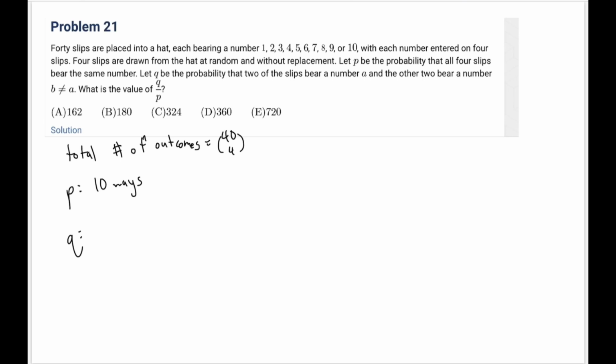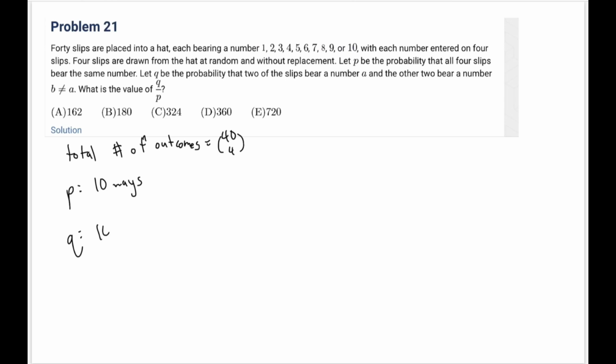Okay, so Q would be that 2 of the slips bear a number A and the other 2 bear a number B not equal to A, and so that means that from the 4 slips that we draw, we have to choose 2 of the slips to bear the number A, right? No, actually, first we have to get the 2 numbers B and A, and so to get those numbers we have to get 2 of the 10, right?